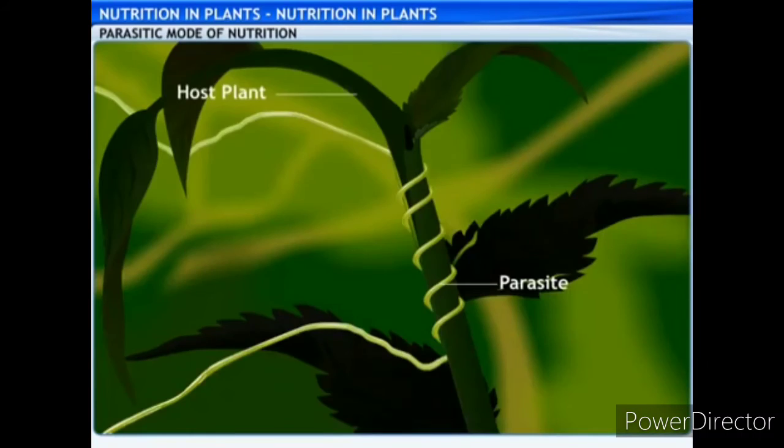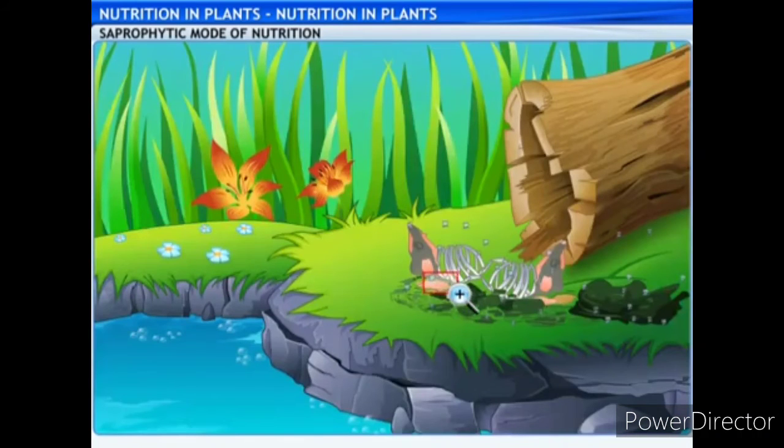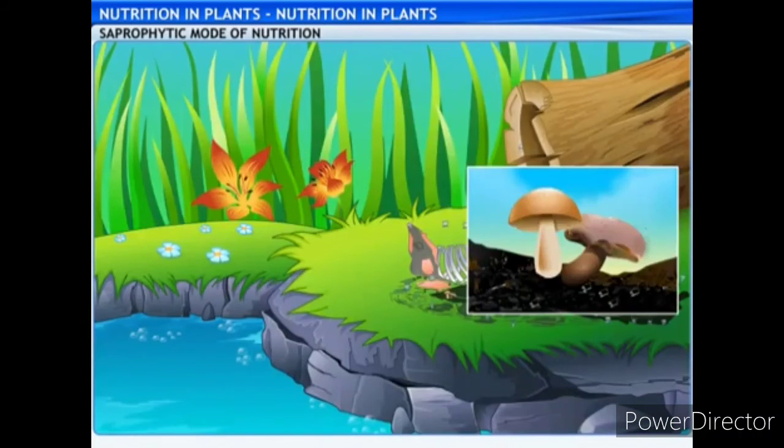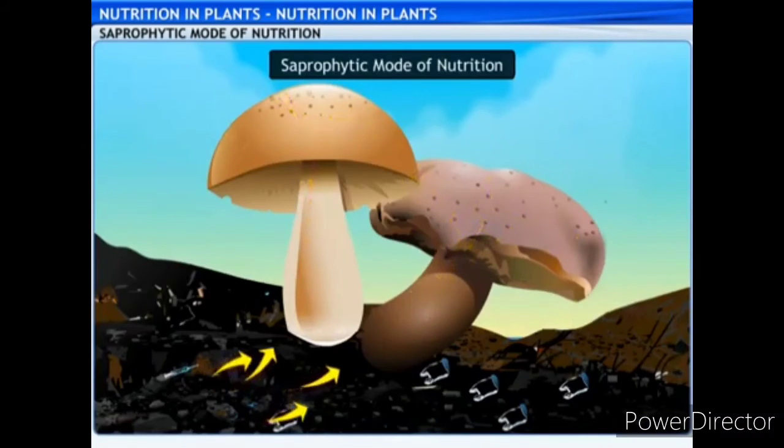Some plants, like Cuscuta, can't prepare their own food even though it is a plant. So, it will find one host plant. Then Cuscuta always circumnutates counterclockwise using its twigs, and it will squeeze out the nutrients from the plant.